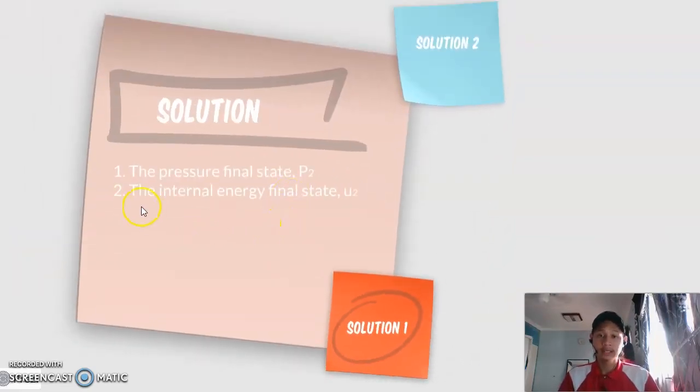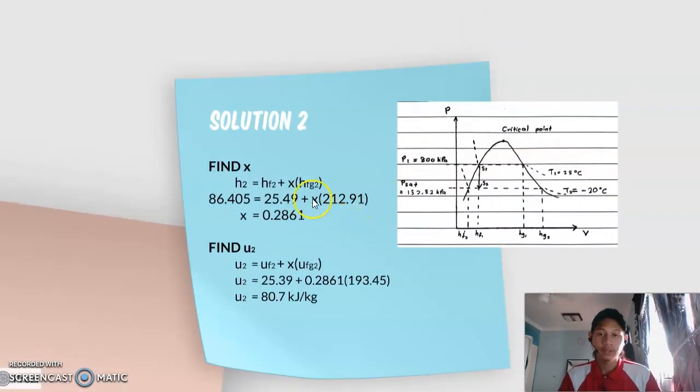Next, we go to the second question, the internal energy at final state, U2. So this is the solution. Firstly, we must find X. So this is the equation that we will use. H2 equal to HF2 plus X in bracket HFG2. So firstly, we must find the X. 86.405 equal to 25.49 plus X in the bracket 212.91.